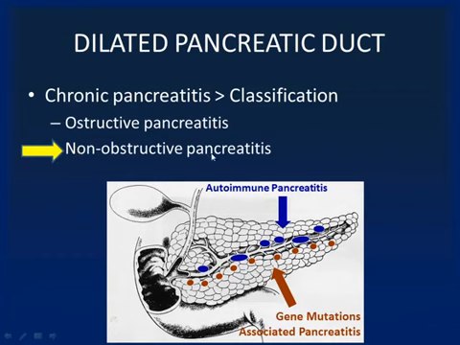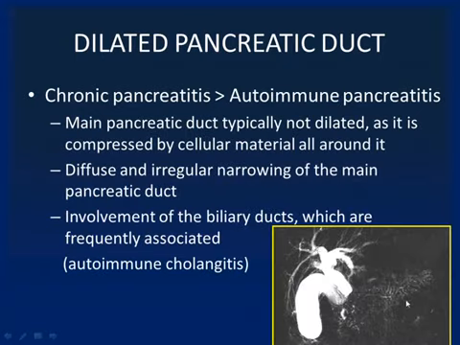The non-obstructive pancreatitides are autoimmune pancreatitis and gene mutation associated pancreatitis. It is interesting to remember, however, that autoimmune pancreatitis is not usually associated with dilation of the main pancreatic duct, since the duct is compressed by the cellular material, by the lymphoplasmacytic infiltrates around it.